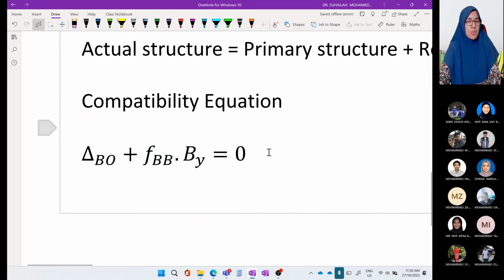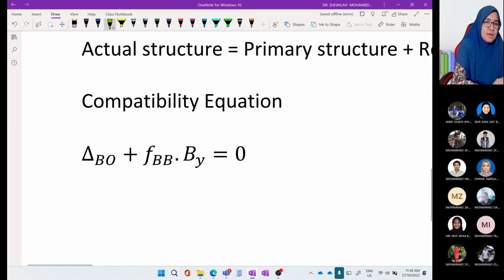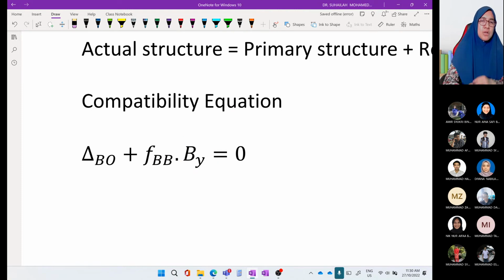Okay, what is delta B naught? What is FBB? Since this is the redundant value that we are going to determine, we have to have delta B naught and FBB.